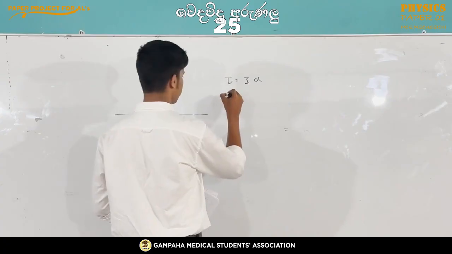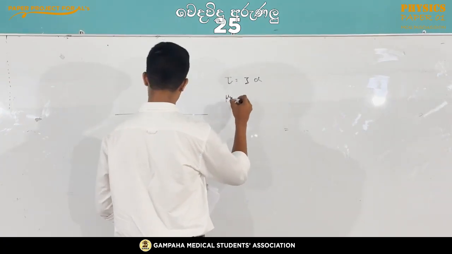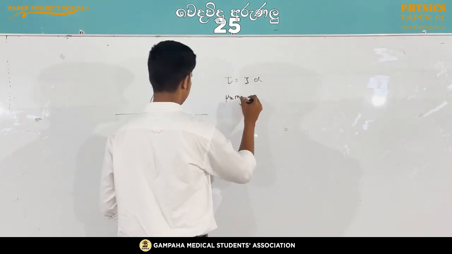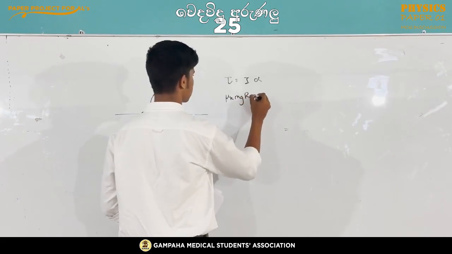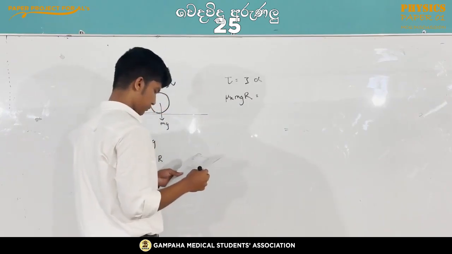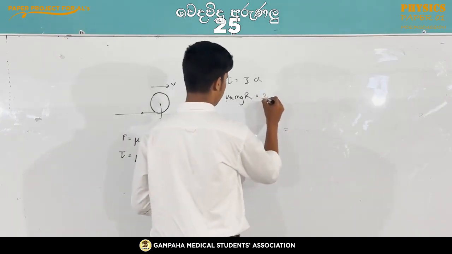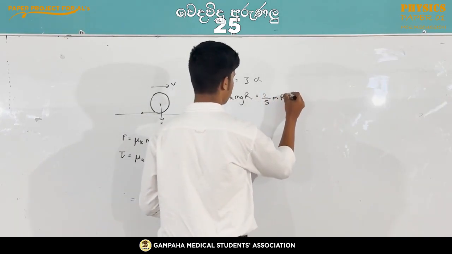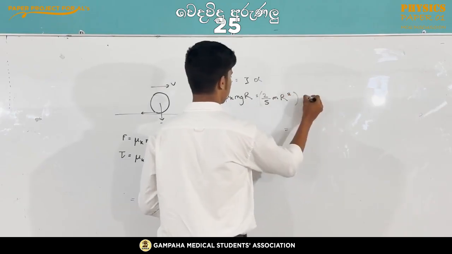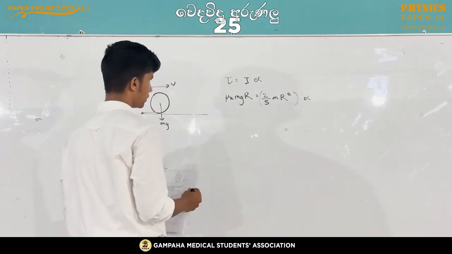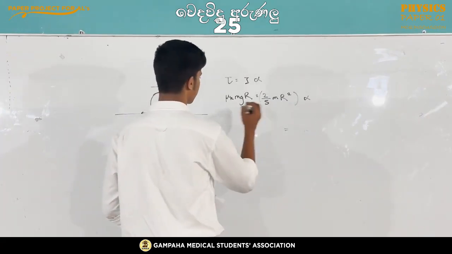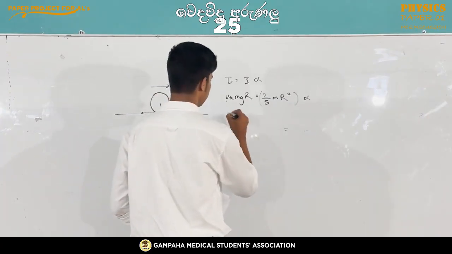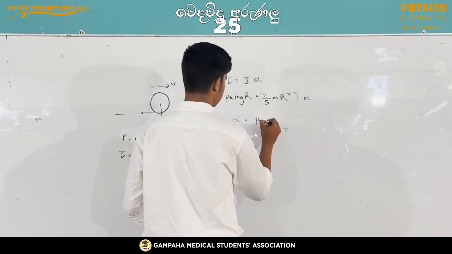So then the torque will be equal to mu k. They have given the moment of inertia as 2 over 5 mr squared. You find alpha. Thereafter, alpha will be equal to mu k.